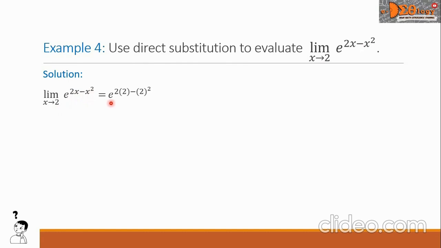So we have now e raised to the quantity 2 times 2 minus 2 squared. This 2 times 2 is simply 4 minus the 2 squared is 4. And 4 minus 4 is 0. We can simplify the e raised to 0 as 1. This is our final answer.